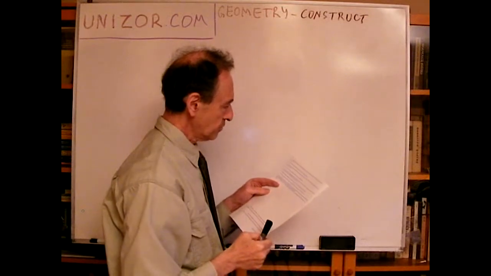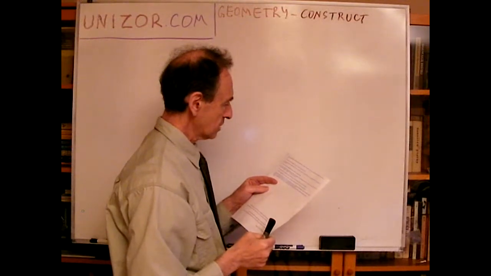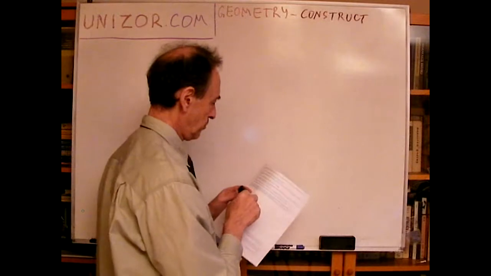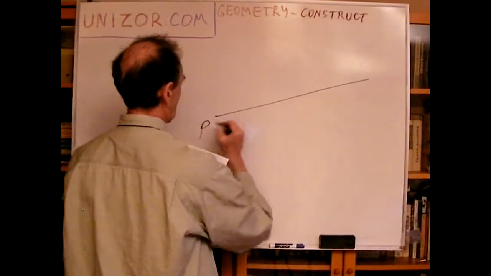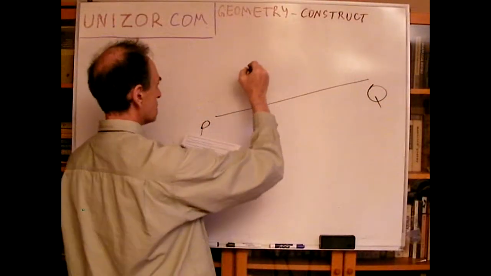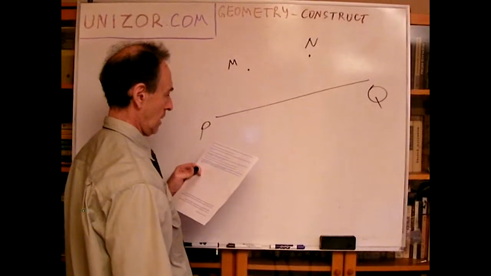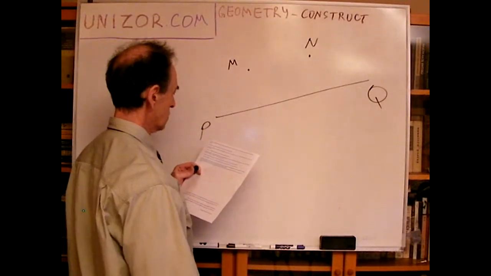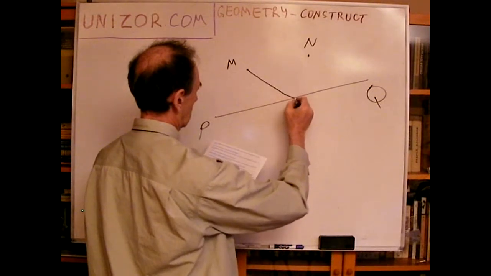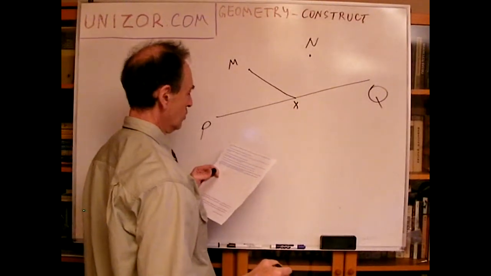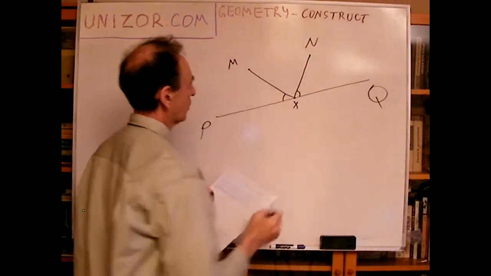Okay, given a straight line PQ and two points M and N outside it but on the same side, construct a point X on the line such that angles PXM and QXN are congruent.